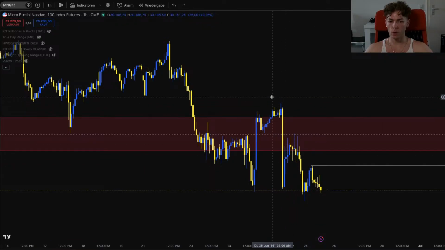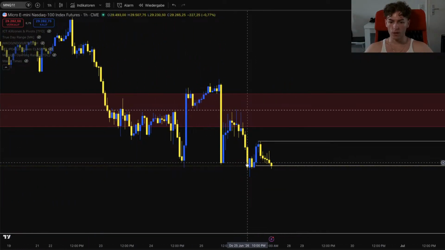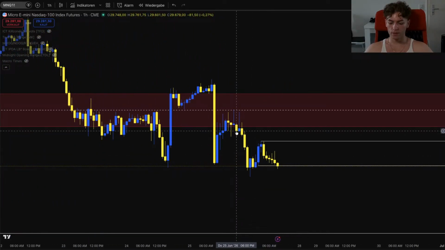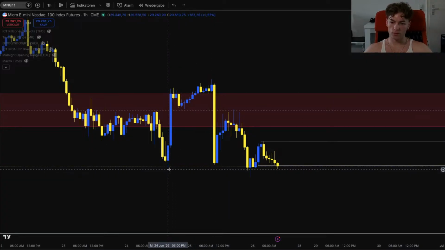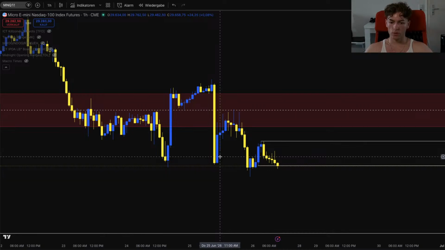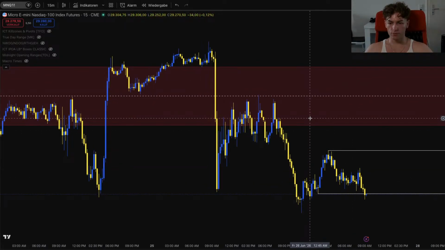So now we are continuing lower, and yesterday during the New York session we had this huge dump. The target was the previous day's low, and we retraced higher, as you can see, even better on a 50-minute chart.